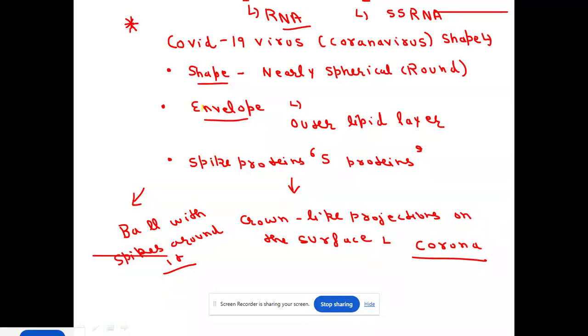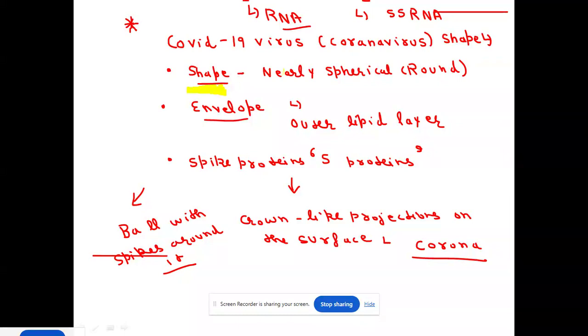So let's have a quick recall here. The COVID-19 virus or coronavirus, which is a very dangerous virus, as we know, a few years back it created a big problem. So we are going to have a quick overview of what we discussed.